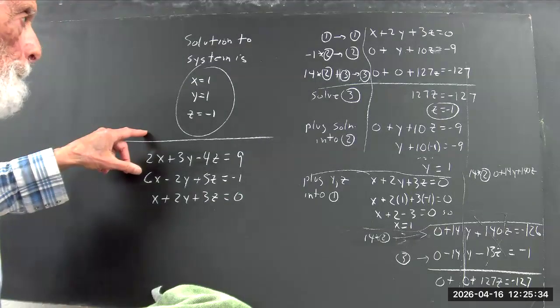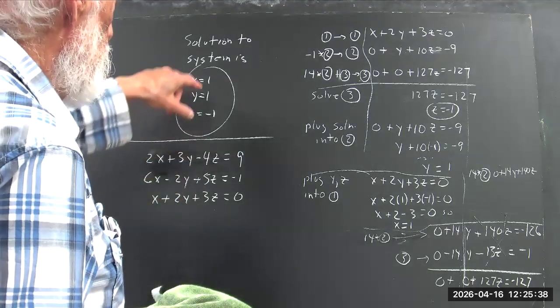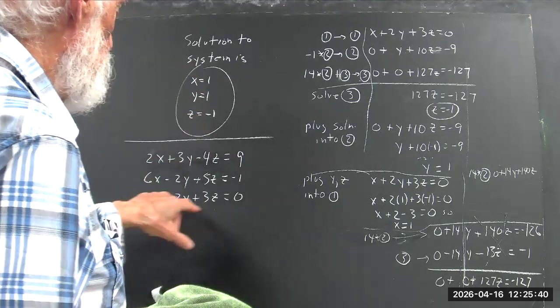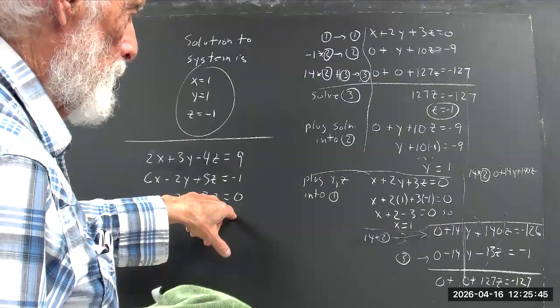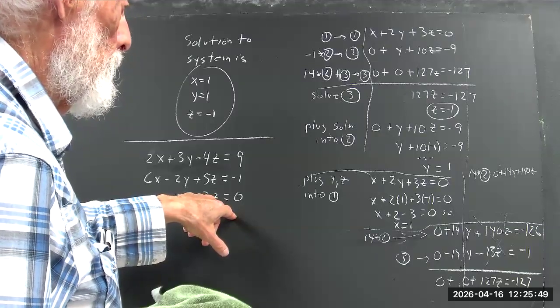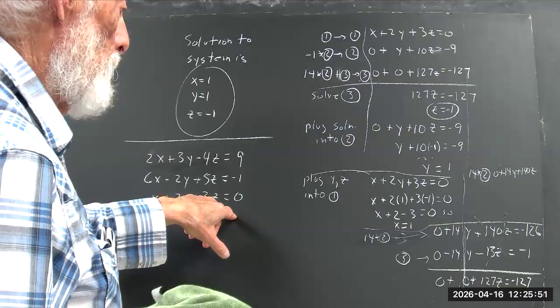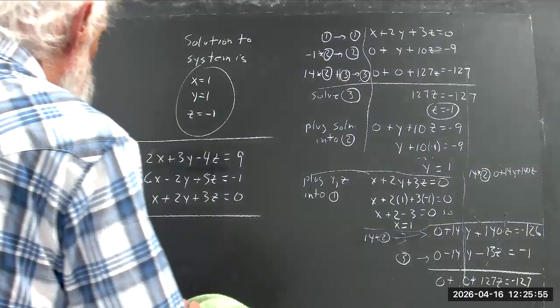We've verified that plugging 1, 1, and negative 1 into this equation gives us 0. And I thought that I had just written that out. Apparently not. I felt like I plugged it in.